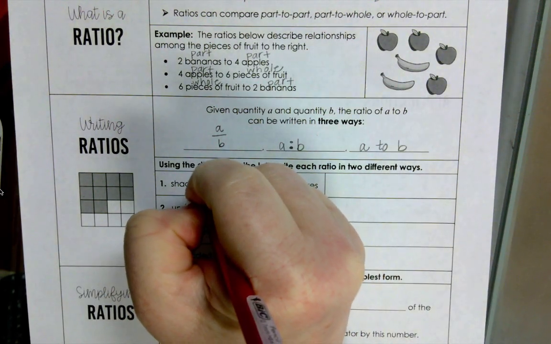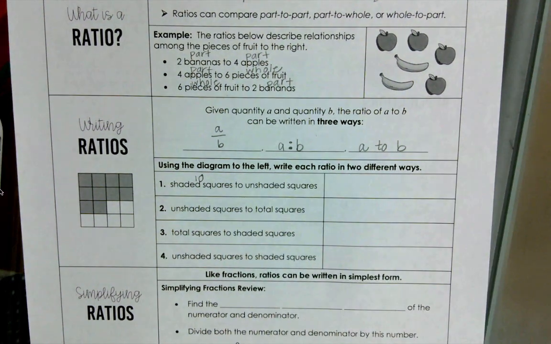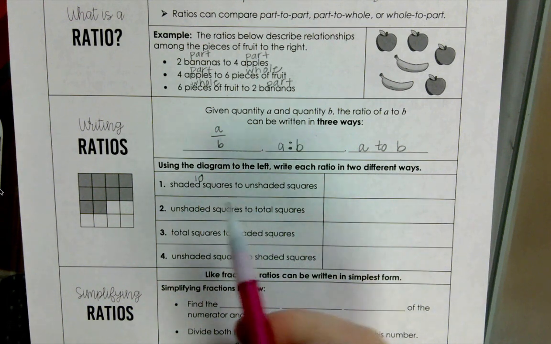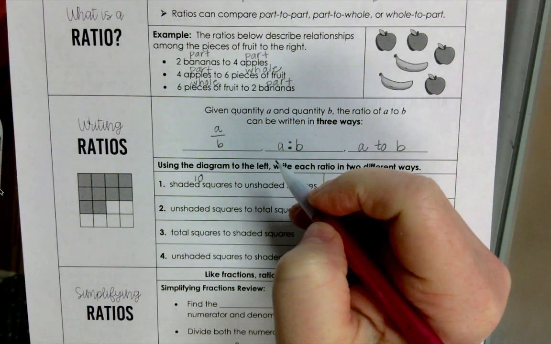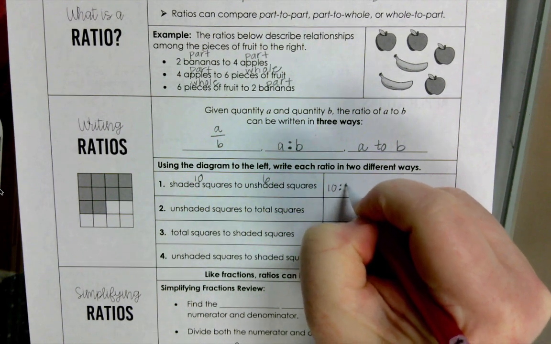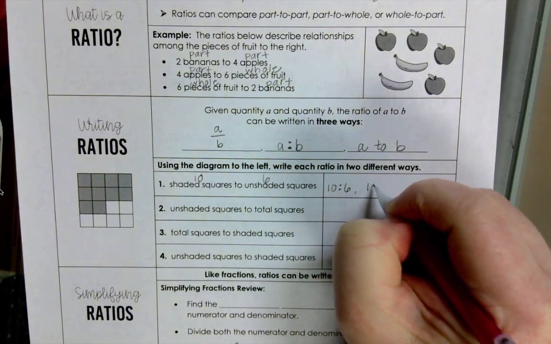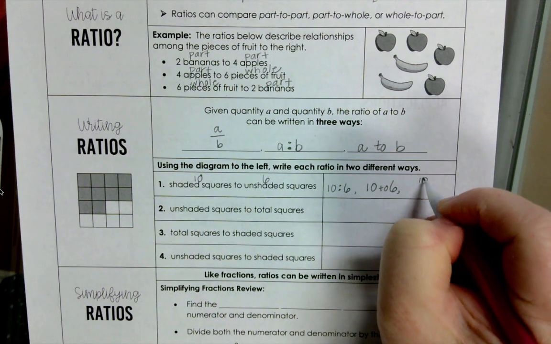And when I've taught this in the past, like when we're writing our expressions, writing our equations in word form and putting it in numerical form, I write that above the strategy to remind myself how many I've got, okay? Unshaded, 1, 2, 3, 4, 5, 6. So we would say 10 to 6, 10 to 6, and then as a fraction, 10 over 6.